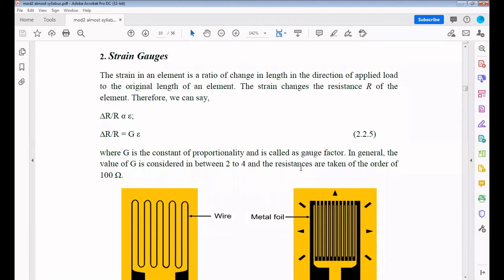It is a constant value that depends upon the material. In general, the value of G is between 2 and 4, and the resistance is of the order of 100 ohms.